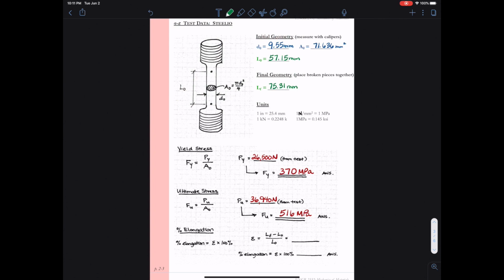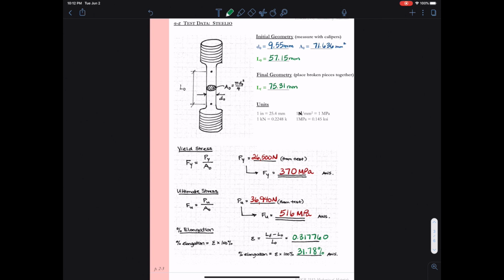Finally, I want to look at the percent elongation. So first I have to calculate the strain at fracture. So I'm going to take my final length minus my initial length and divide it by my initial length. Remember, strain is delta L over L0. This gives me a value of 0.317760. And this value is unitless because it's millimeters divided by millimeters. That's why sometimes it's easier to think about strain as maybe the percent elongation.